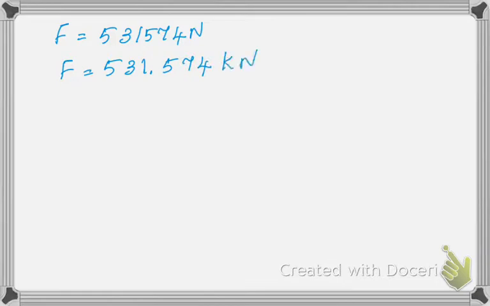So I will be getting my resultant thrust value as 531574 Newton, which is equal to 531.574 kilonewton. Now I have to get the direction of this resultant thrust.